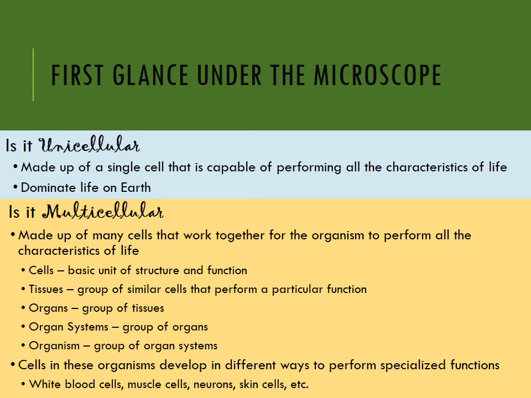So when we look under a microscope, the cells that we look at fall under one of these two categories: unicellular or multicellular. Unicellular means it's made up of a single cell that's capable of performing all of the characteristics of life, regardless of its size or its simplicity. There are many unicellular organisms that are dominant on Earth.